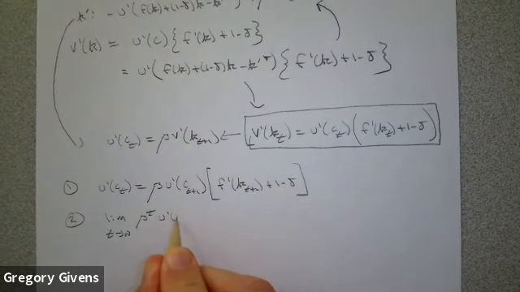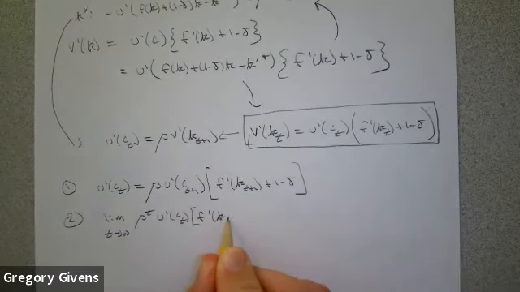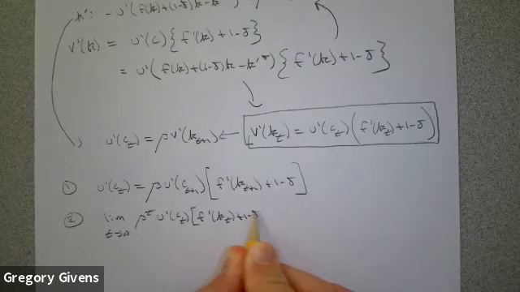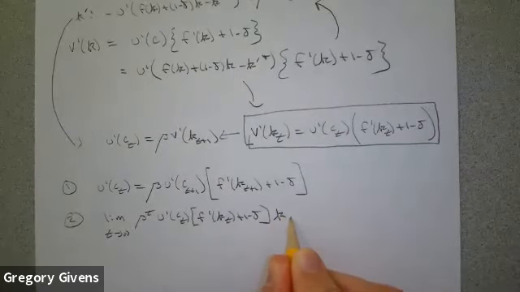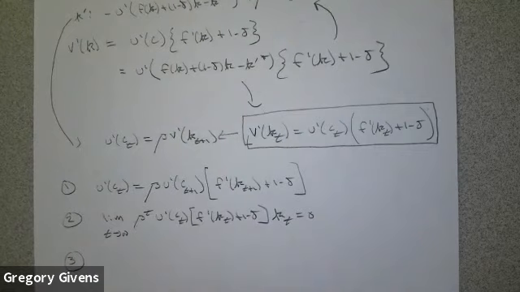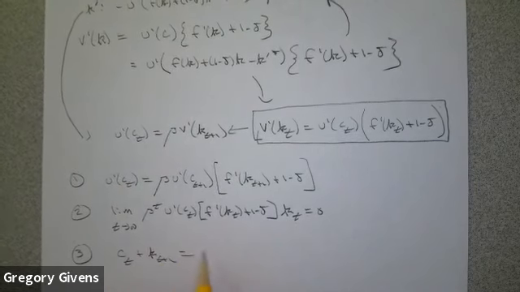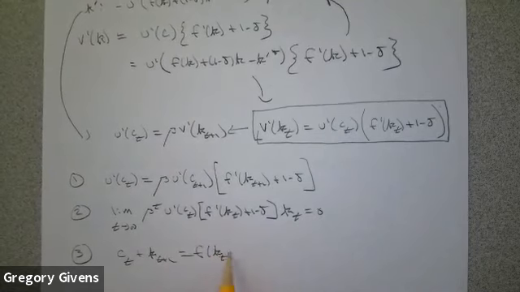So u prime of c_t times f prime of k_t plus 1 minus delta times k_t is equal to 0. And then the third equation that characterizes the equilibrium of the model would just be the resource constraint: c_t plus k_t plus 1 is equal to f of k_t plus 1 minus delta k_t.